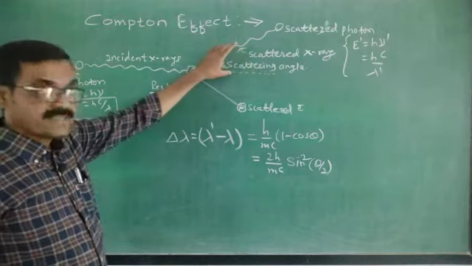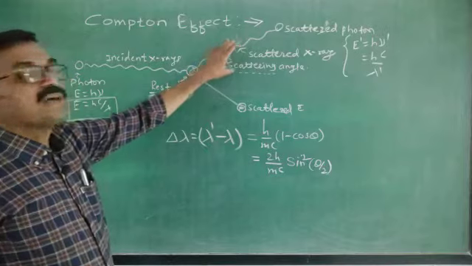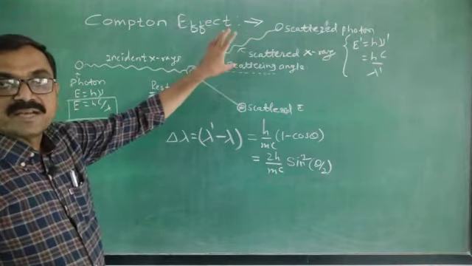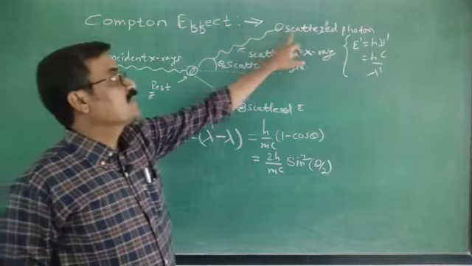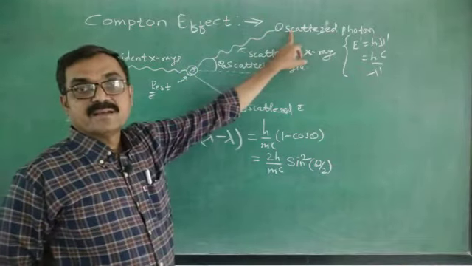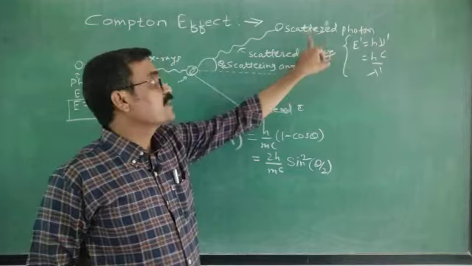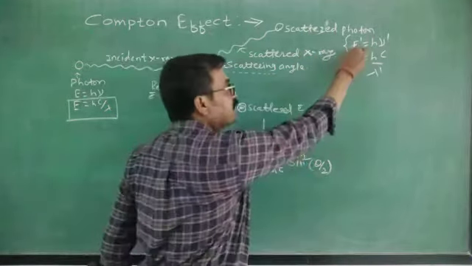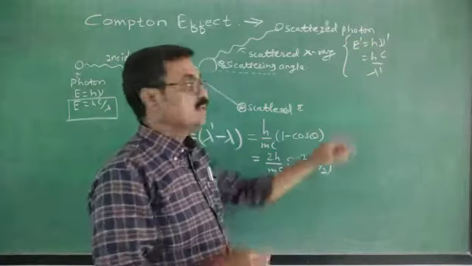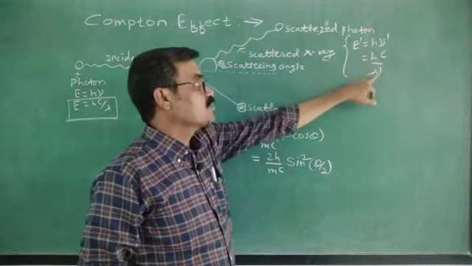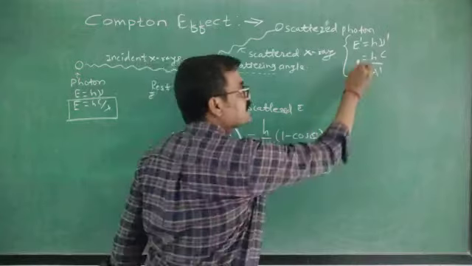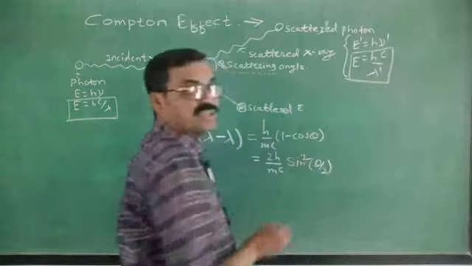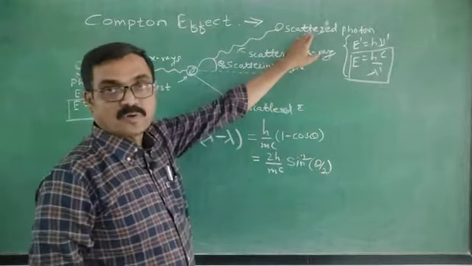But these scattered X-rays are again in the form of small packets or bundles of energy, that is the photons. That's why the scattered X-rays have a scattered photon and its energy E dash equals h nu dash, where nu dash equals c by lambda dash, so E dash equals hc upon lambda dash is the energy of this scattered photon.